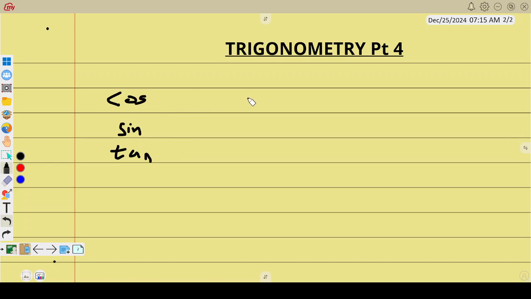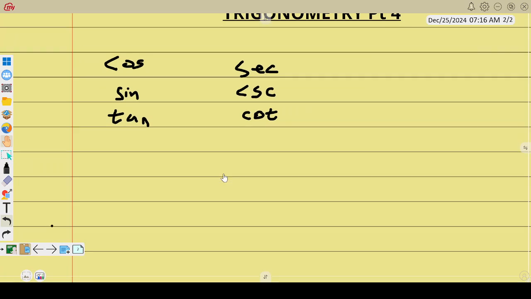So we now have other trig identities, which are sec theta, cosec theta, and cot theta. These are the 6 trig ratios. Now, how are they related? The way I've listed them, that's how they are related.